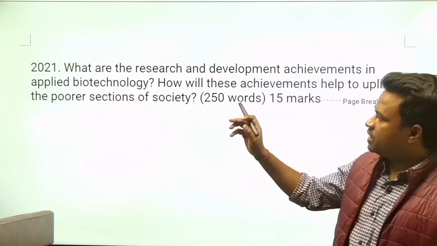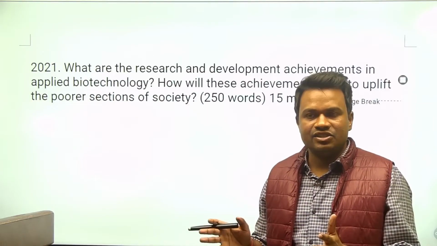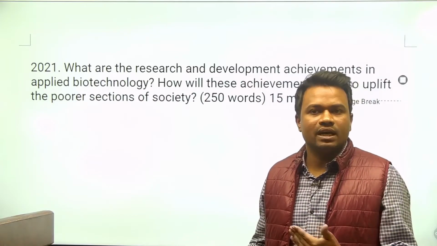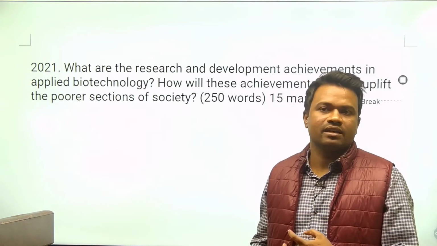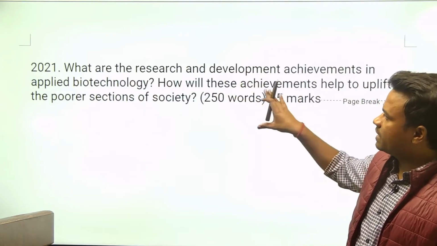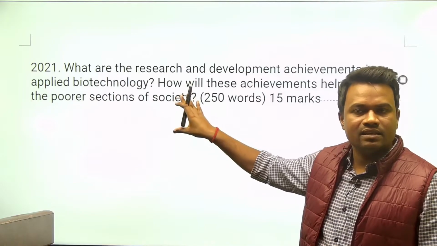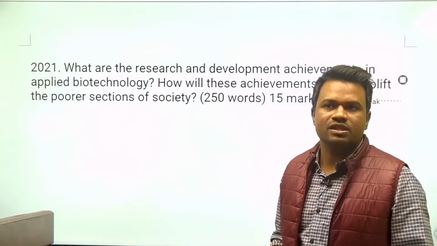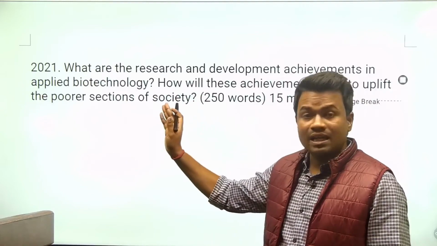Applied biotechnology is an umbrella term within which genetic engineering or GM crops are one part, and other parts are also helpful, such as medical applications, agriculture and other research and development activities. So we need to understand the demand of the question, and one part can be GM cropping and how that will help the poor, particularly farmers, as well as ensure food security for the last mile people.